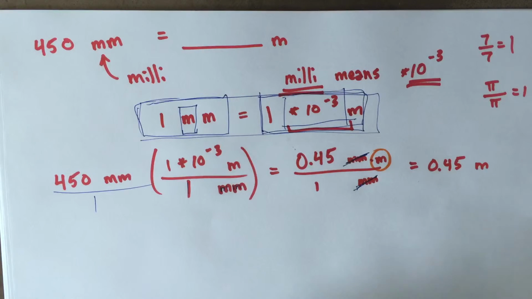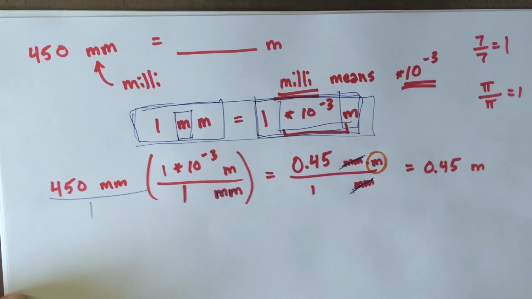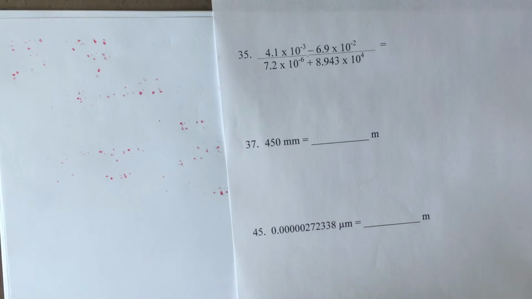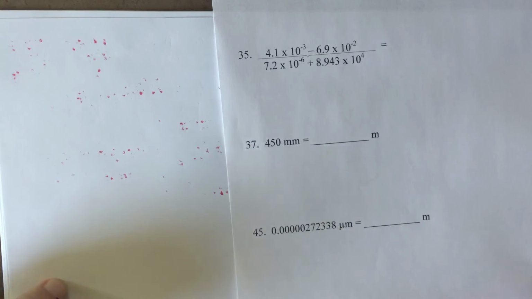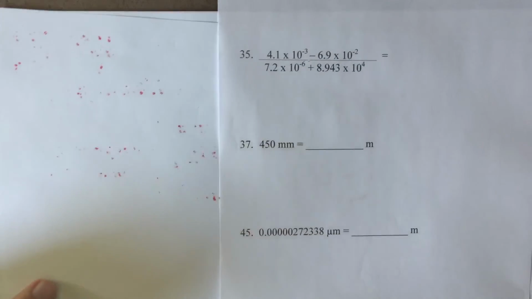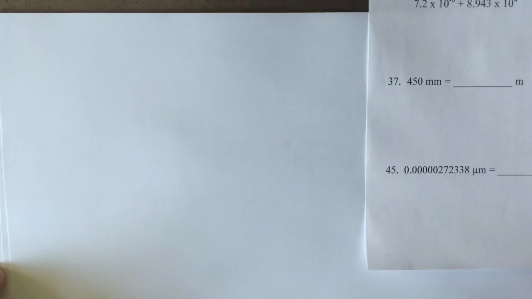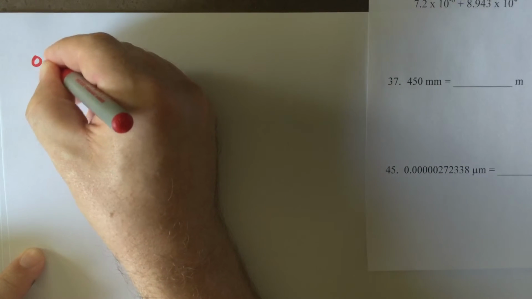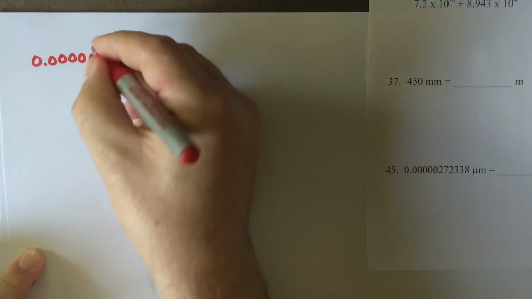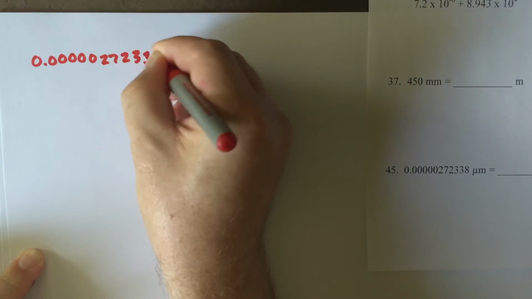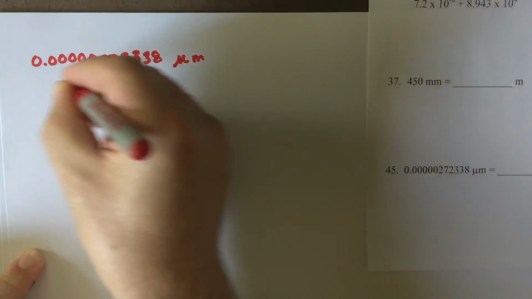Great. Let's take a look at number 45. Number 45 is another conversion problem. I'm going to solve it the same way. So I have 0.00000272338 micrometers.